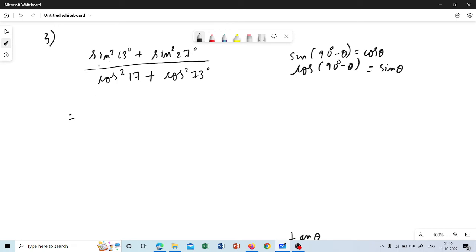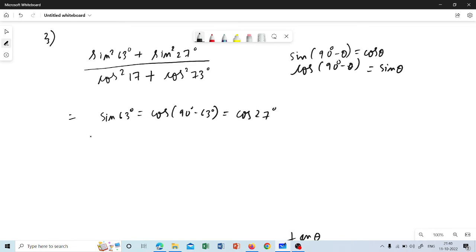Now I will take the first expression. Sine 63 is equal to cos of 90 minus 63. So this is equivalent to cos 27 degrees.